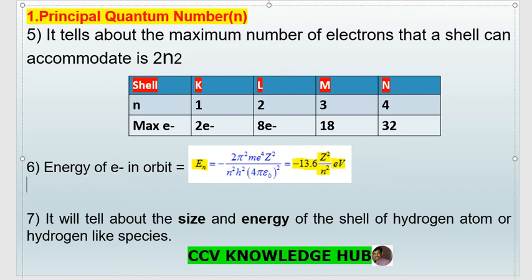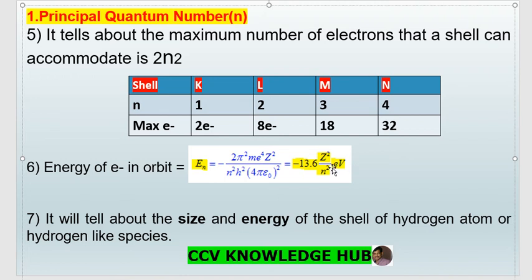And how to find the energy of the orbit? This is the formula. After substituting the mass of the electron, Z value, Planck's constant h value, pi value, all these things, after simplification, you can always remember this formula: minus 13.6 Z square by n square electron volts.